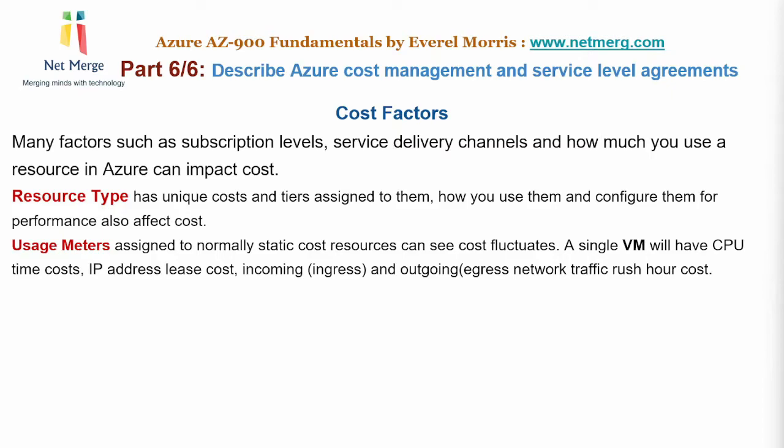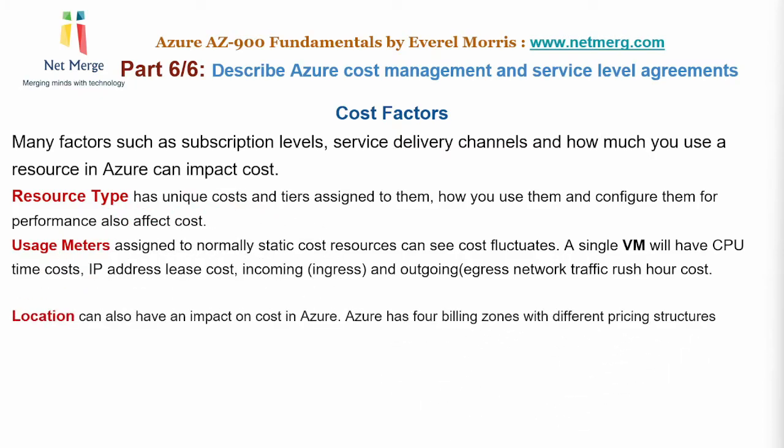Incoming ingress transfer costs or transfer fees can affect your costs. Outgoing egress, network traffic, rush hour traffic, all those things can impact the actual usage and cost of your services on a metered basis. So we also have to take those things into consideration when we look at the total cost of ownership and moving into the cloud.